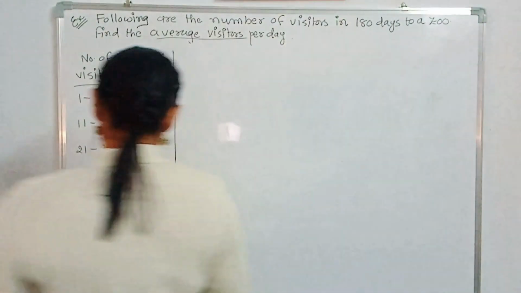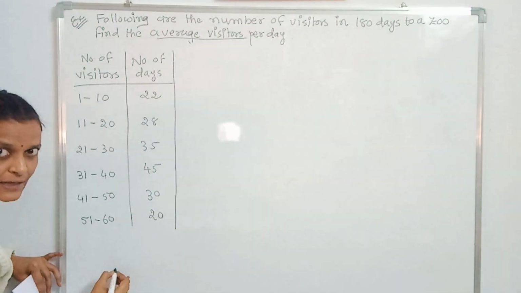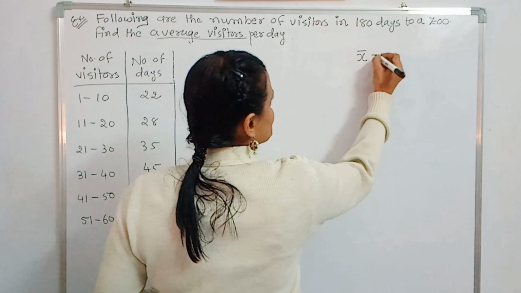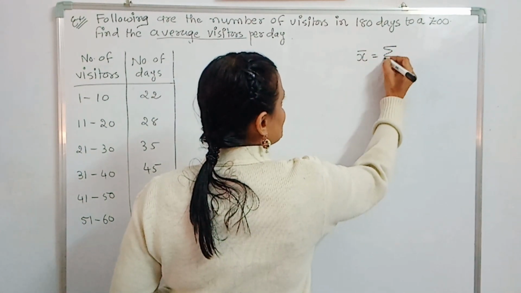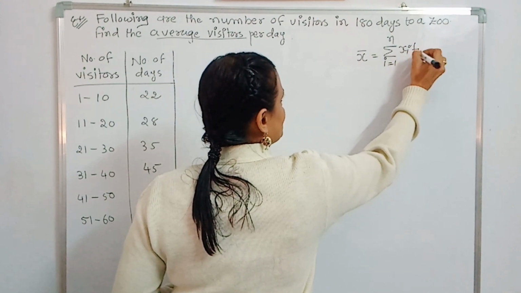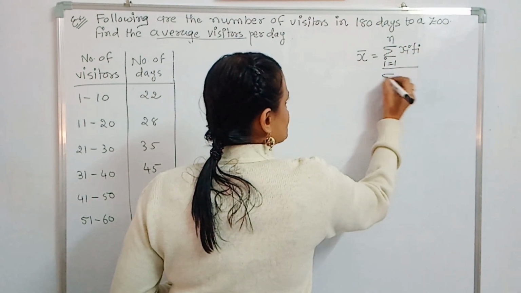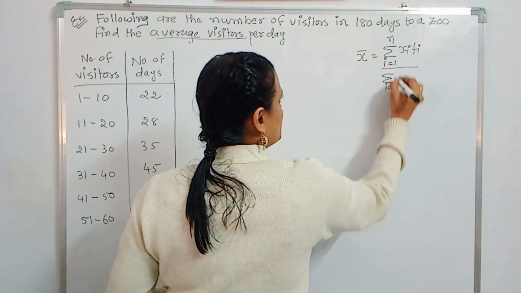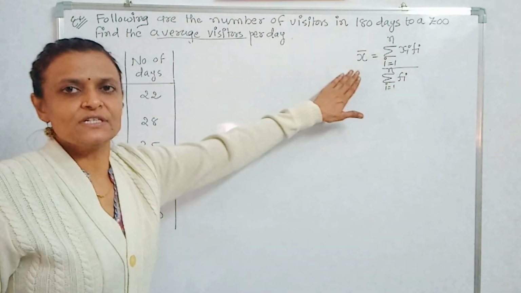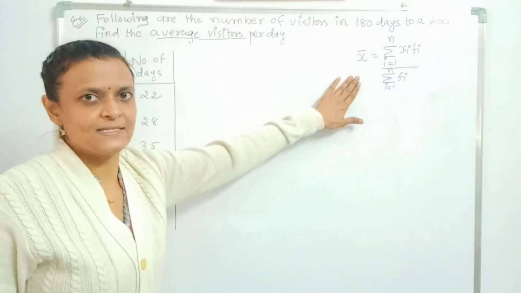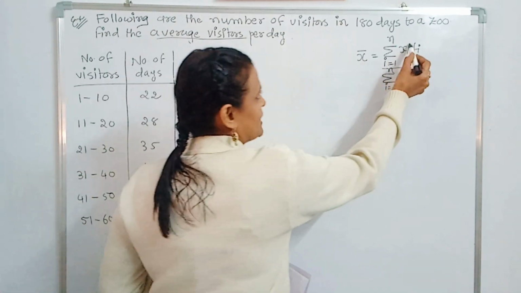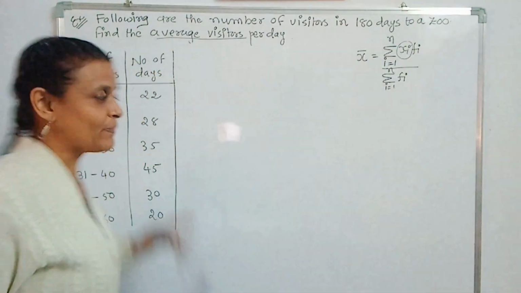Here also we will use the expression x bar is equal to summation from i is equal to 1 to n xi fi divided by summation from i is equal to 1 to n fi. This equation we have already used in the second example. But here we need to find this xi value from this table.